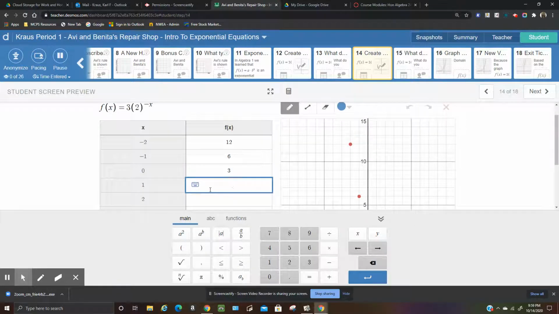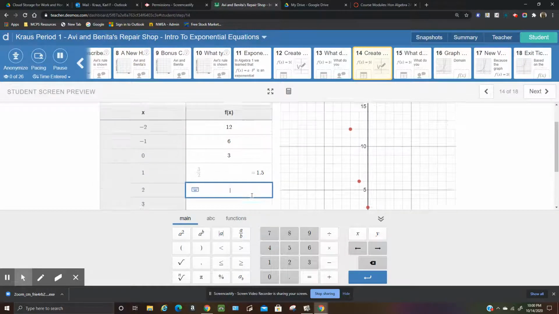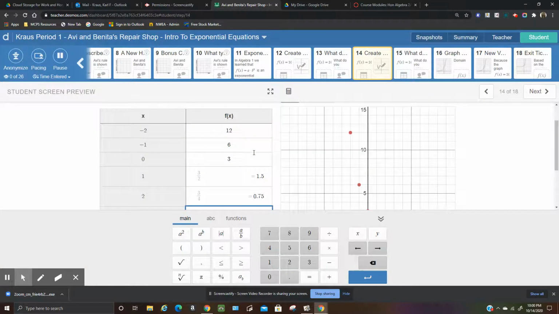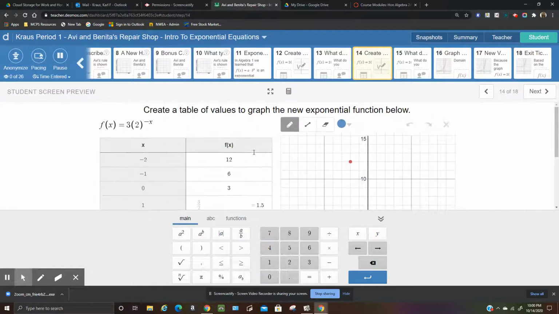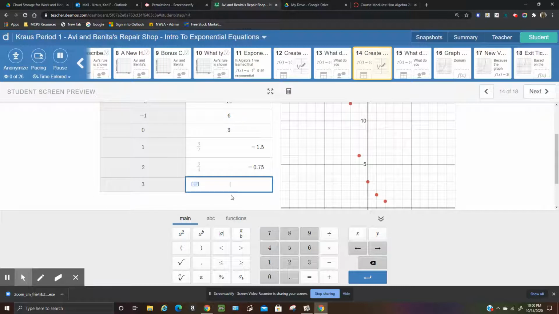A 1 would be 3/2. A 2 would be 3/4. And then a -3 or +3 would be 3/8.